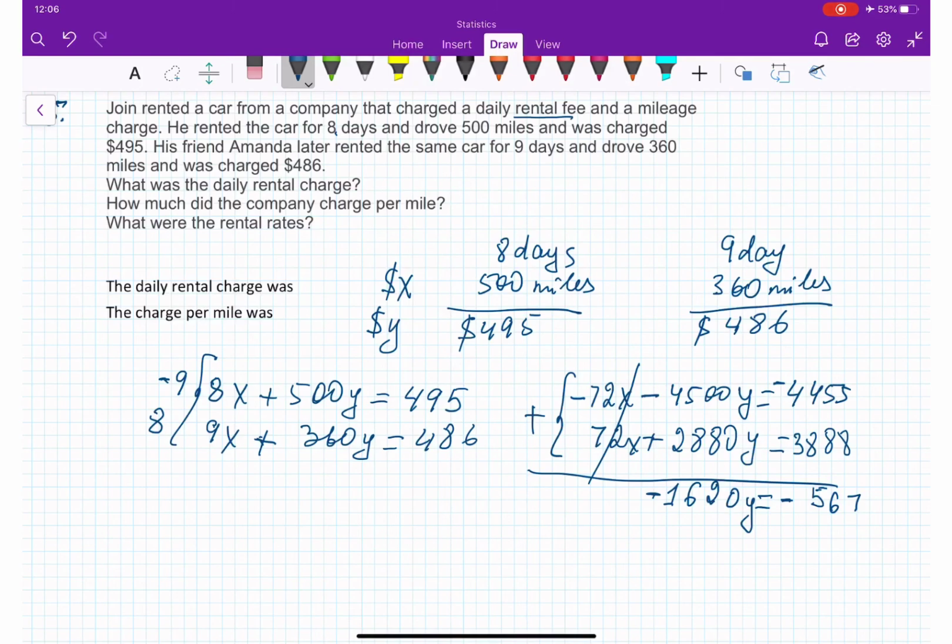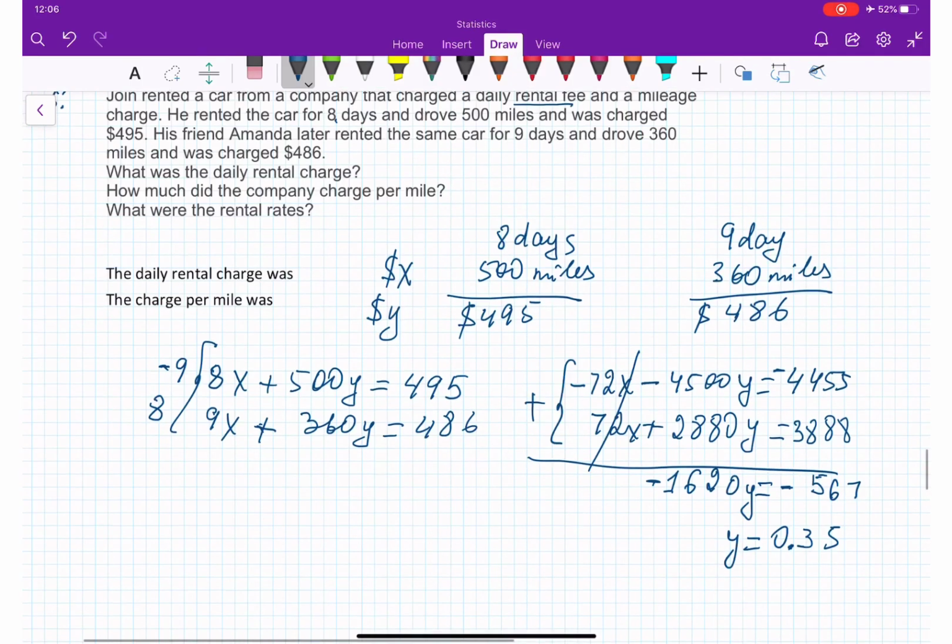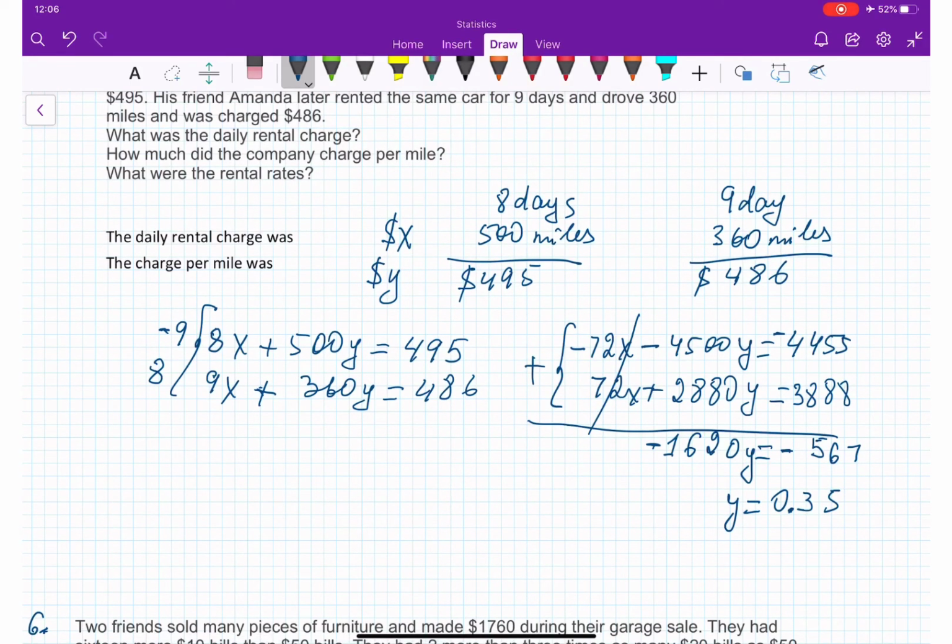So now 567, I need to divide by 1,620. Let's see how much it will come. 0.35. So y is equal to 0.35 dollars, meaning 35 cents. Since negative divided by negative, both of them are positive. So if I have y, I'm going to plug it into one of these equations.